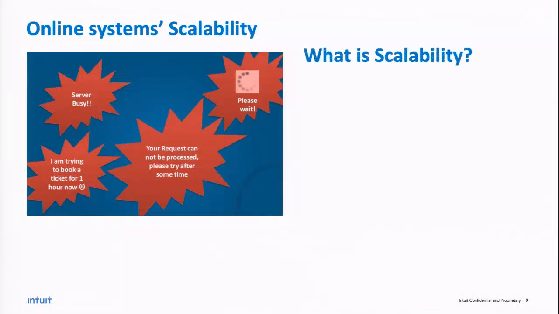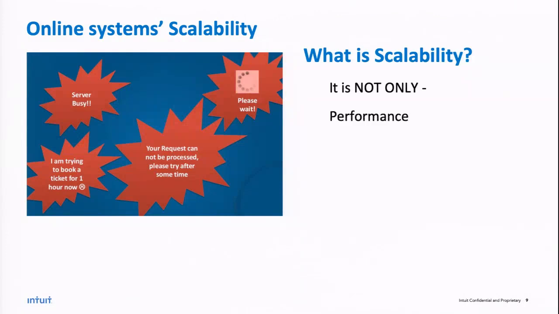So let's define: what is scalability? What are the main parameters you can list out? If I have this, we can say that my system is scalable. So is it only because of high availability, or only because we have a bigger business to do?